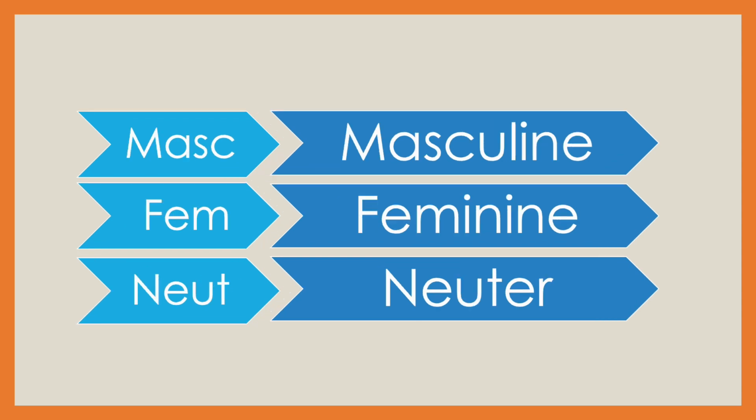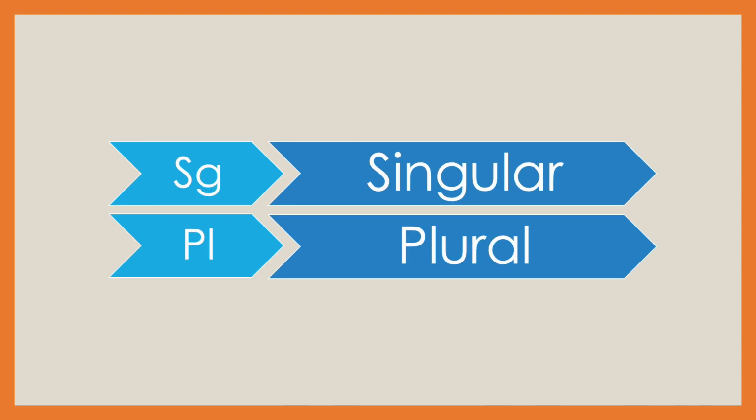The genders would be abbreviated like this. Sometimes it's just MC, FM or NT, but this is probably the most common way they're abbreviated. And singular or plural, you'll probably be aware of these sorts of abbreviations and will have seen them in other languages if you have learnt English as a second language or done French or German or Latin or whatever.